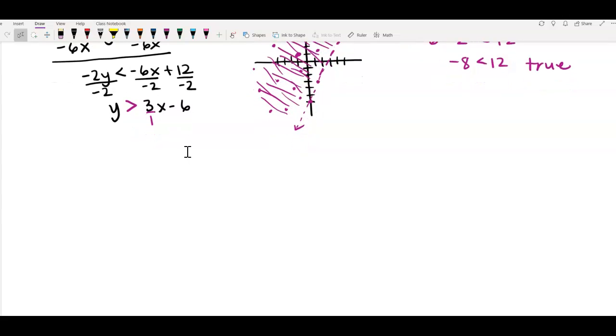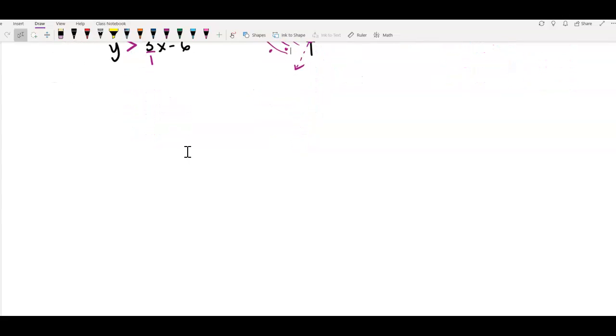All right, what about if we have two lines that we're being asked about? Sometimes it's going to ask you to graph the system, a system of linear inequalities. So let's try this one.